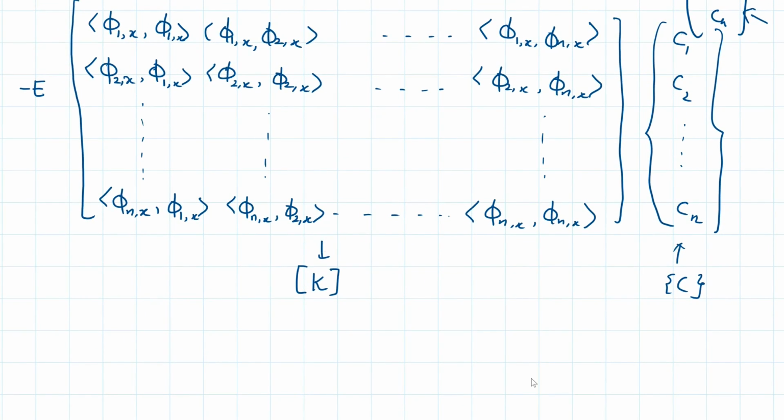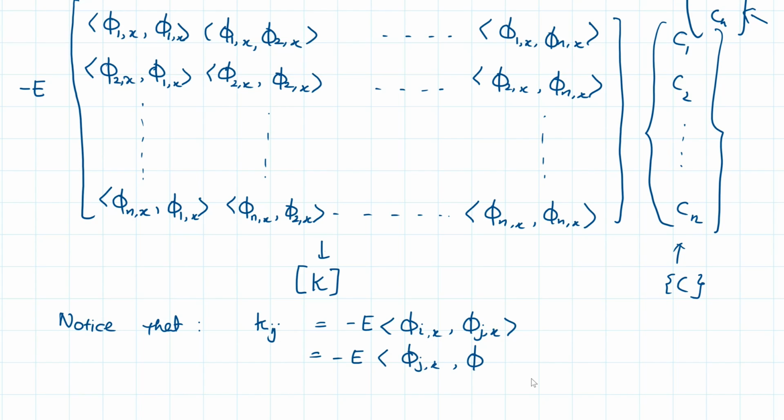Now if you observe our stiffness matrix, you will notice that any term Kij, which is equal to negative E times the inner product of phi i(x) with phi j(x), you can also write as negative E times the inner product of phi j(x) and phi i(x), which is then equal to Kji.